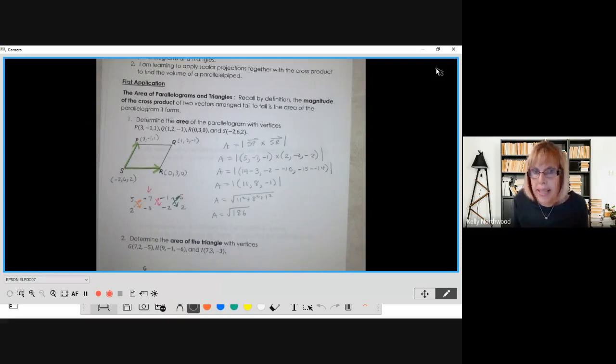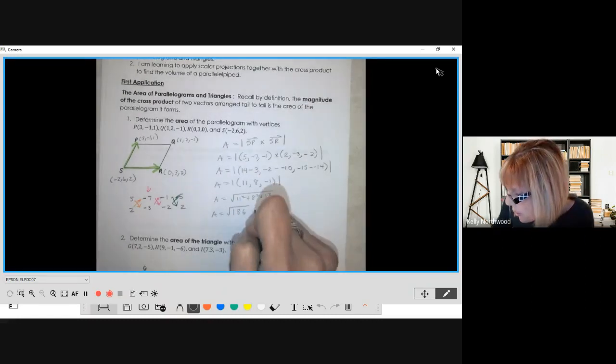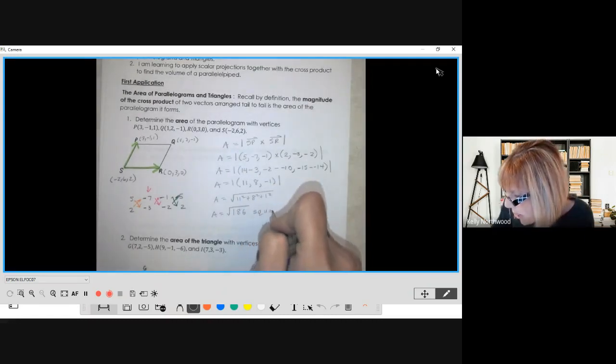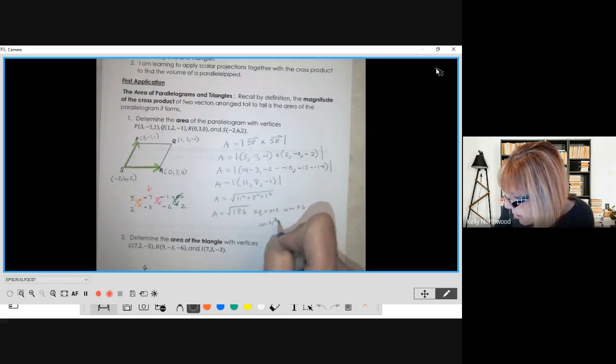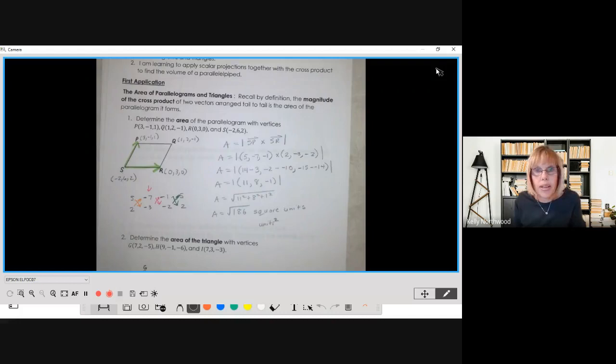You can't just say it's root 186, because if you leave units off, it's assuming they're linear units, but these are square units because it's an area, so you have to add on square units. Or I've had people in the past write units with a little power of 2 as units squared. Either of those is fine. But just make sure if you're finding an area, you put either square units or units squared with your number.